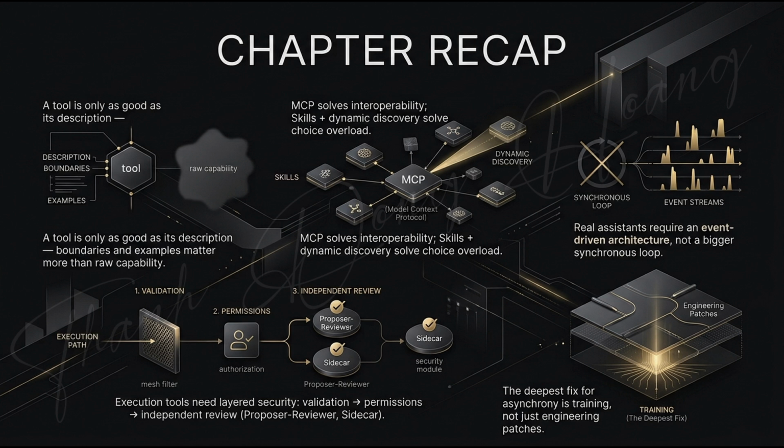Execution tools need layered security, validation, permissions, and independent review working together, not any single mechanism alone. A genuinely responsive assistant needs an event-driven architecture, not just a bigger version of the same synchronous loop. And the deepest fix for handling interruption and delay isn't clever engineering. It's training models that natively understand asynchronous reality.